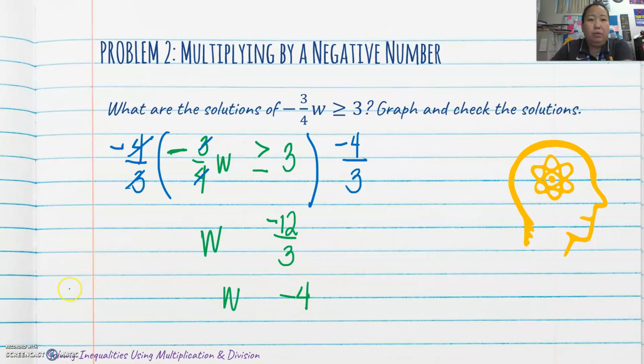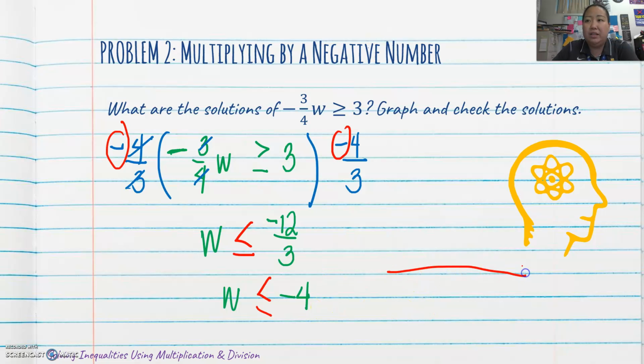Now remember, our multiplier was a negative number. And what do we know about negative number multipliers? Your inequality will be switching sides. So this will now become less than or equal to, and our final value of W is going to be less than or equal to negative 4.